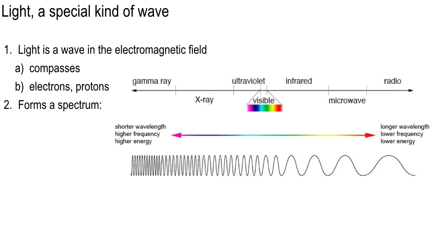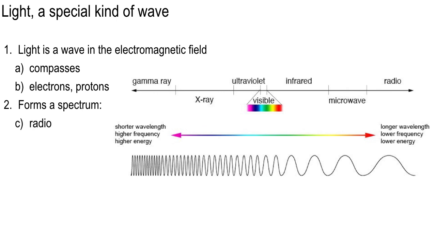And longer wavelength, big distance between peaks, is over here. Visible light is in the middle. Gamma ray and X-ray and ultraviolet are fairly short wavelengths. Infrared is longer wavelength, and then microwave and radio are really, really long wavelengths. And visible is down here in the middle.